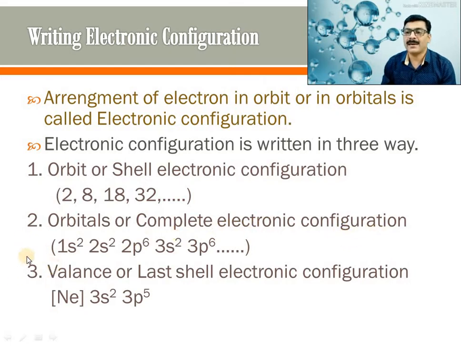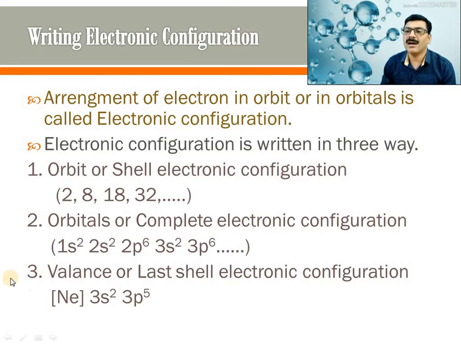Then the third type is valence shell or last shell or outermost shell electronic configuration. In this configuration, first you mention the noble gas and then the electrons present in the valence shell. Means first you write the noble gas and then the valence shell electrons in orbitals.